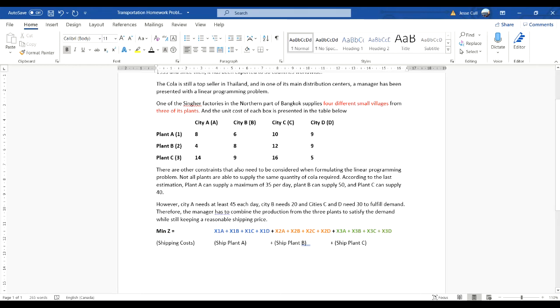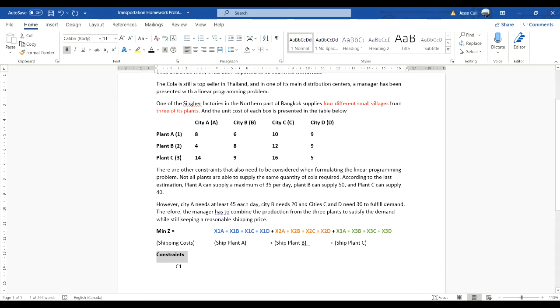Okay. Now what we're going to do is list our constraints. We begin with C1. But before we can do that, we have to go in and look at our question again.